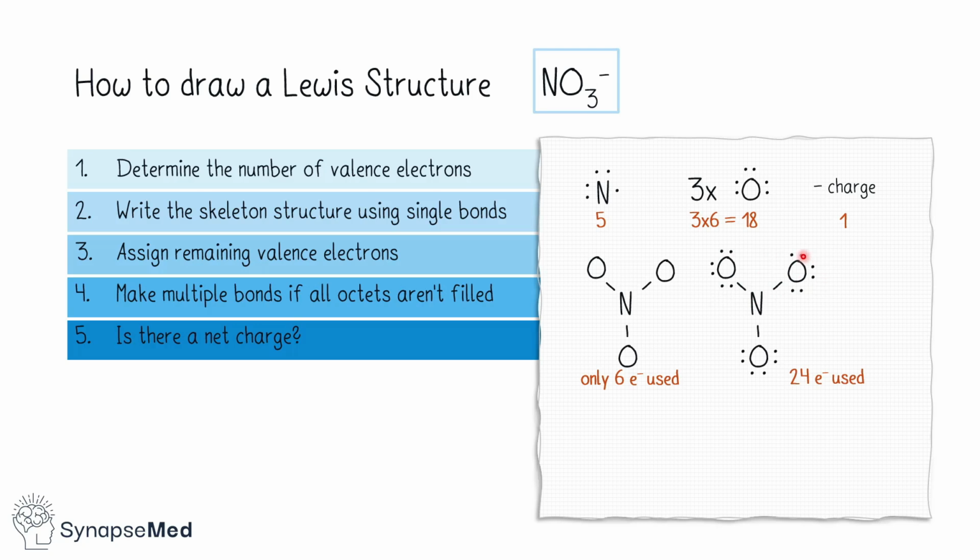But the octet rule for this nitrogen down here is actually not fulfilled. We can only count 1, 2, 3, 4, 5, 6 electrons that the nitrogen can actually use, and therefore the octet rule is not fulfilled. All right. To fulfill this octet rule, we can make a multiple bond.